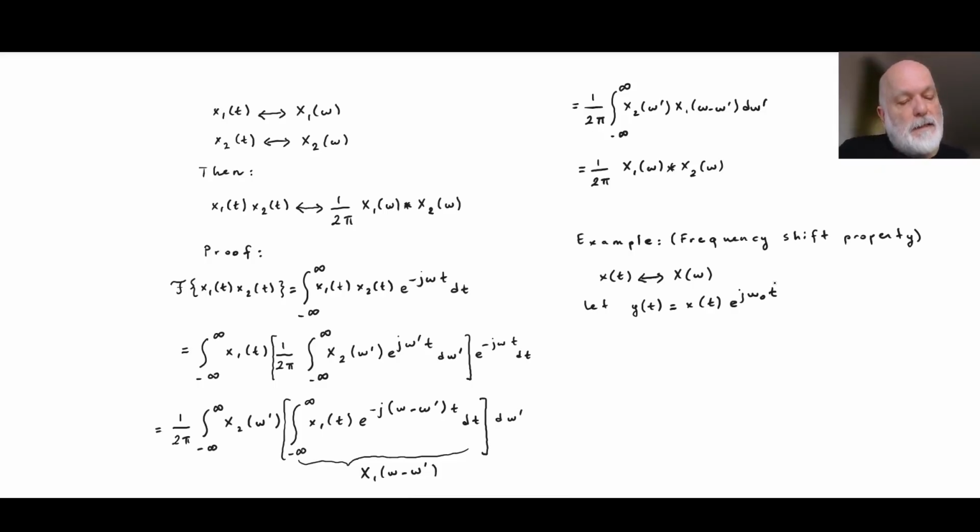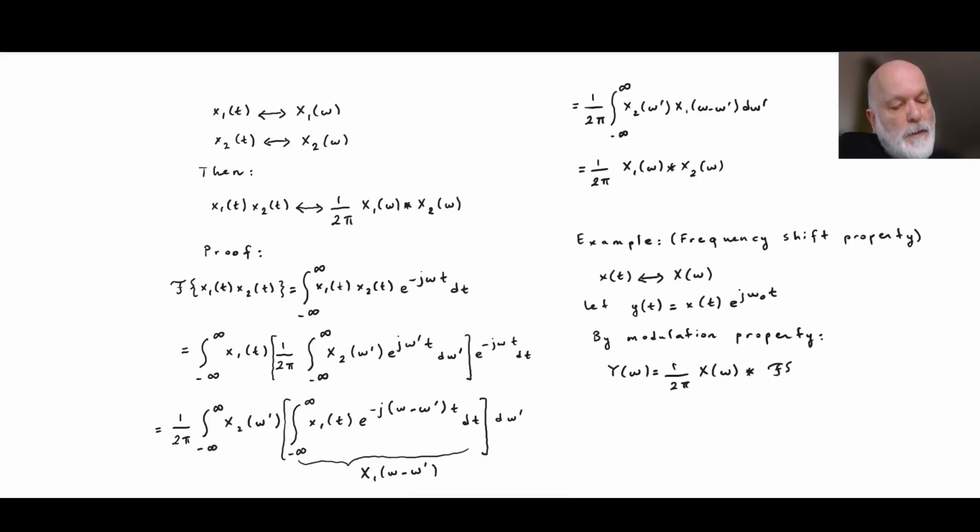So what is the Fourier transform of y of t? By modulation property, y of omega is equal to 1 over 2 pi x of omega convolved with the Fourier transform of e to j omega 0 t.